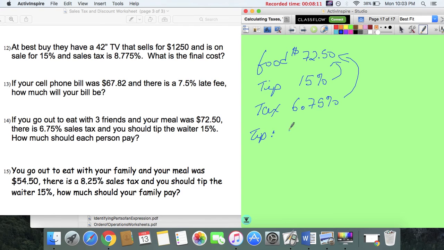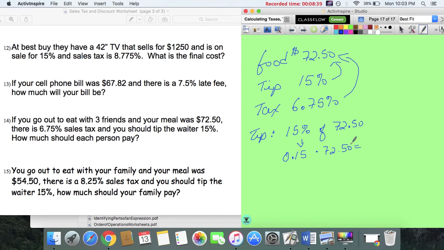Your tip is going to be 15% of the total food, which is $72.50. By now, hopefully, you know that we can't multiply 15% as it is by 72.50, so you're going to have to change this to a decimal. And 15% as a decimal, you move the decimal 2 over, it becomes 0.15, and you got to multiply that times 72.50.